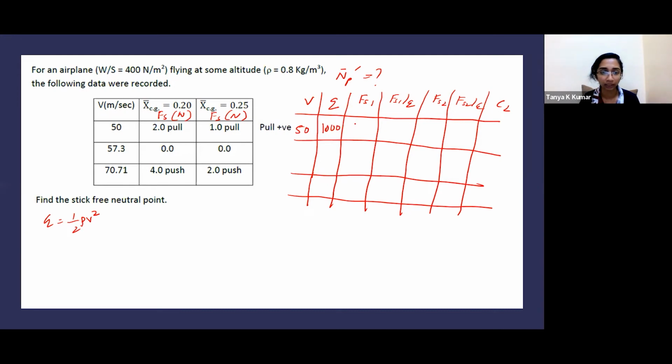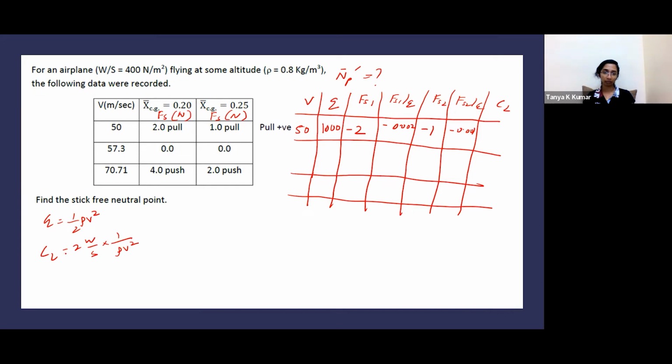Fs1 is given as 2 pull. Pull is negative, so you have -2. Fs1 by Q would be, just divide these two. Fs2 is given as 1 pull, that is again -1, okay, so you have 0.001. CL, what is CL? It is 2W by S into 1 by rho v square.